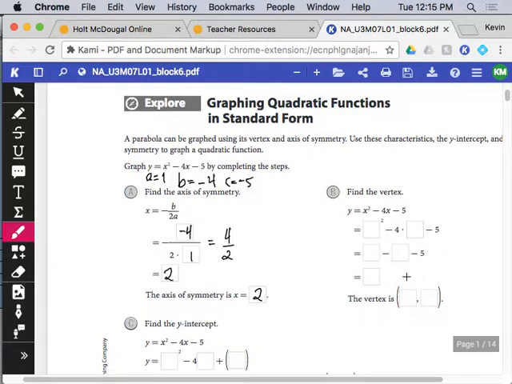And then it says find the vertex. What's the x component of the vertex? There's two components, the x and the y.